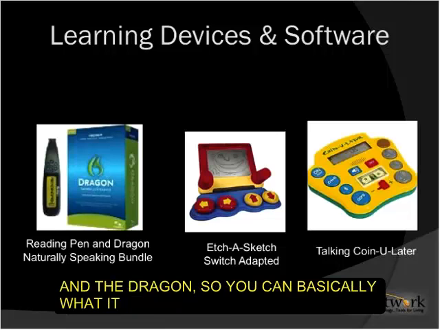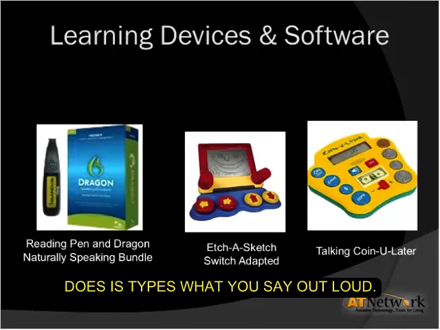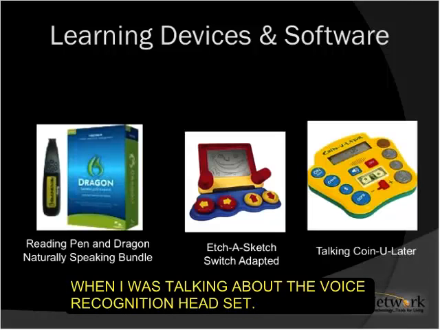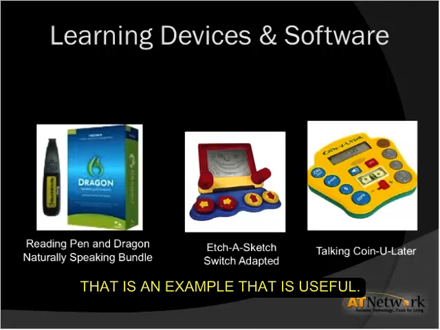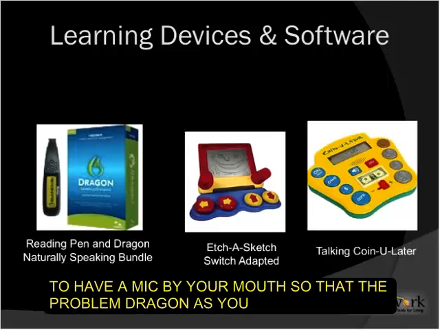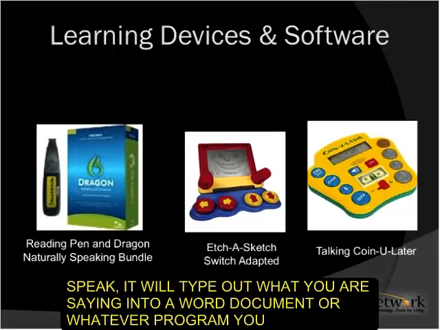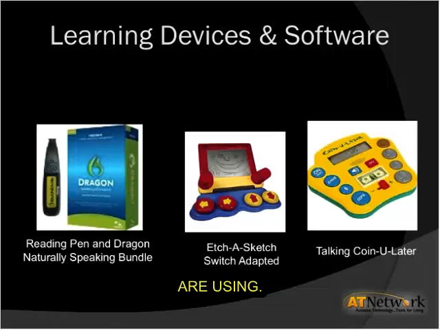Basically, what Dragon does is type what you say out loud. So when I was talking about the voice recognition headset, that would be an example. That would be useful, having a mic right by your mouth, so that the program Dragon, as you speak, will type out what you're saying into a Word document or whatever program you're using.